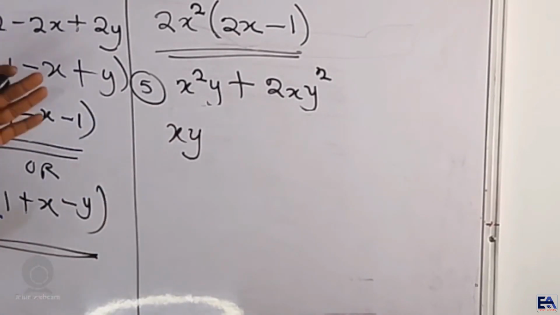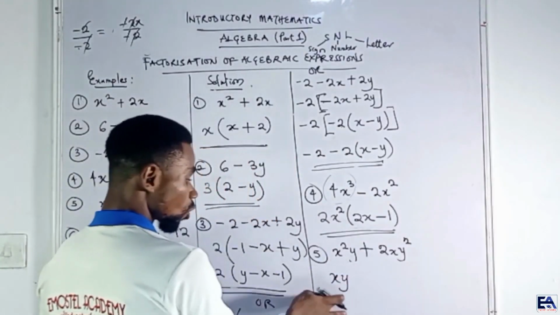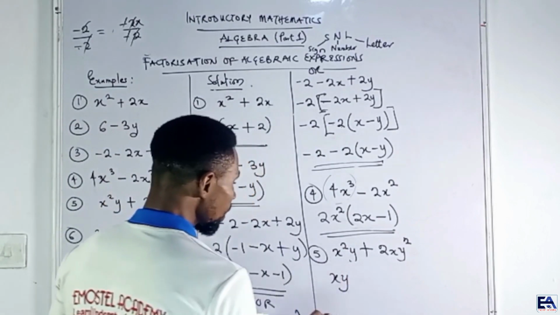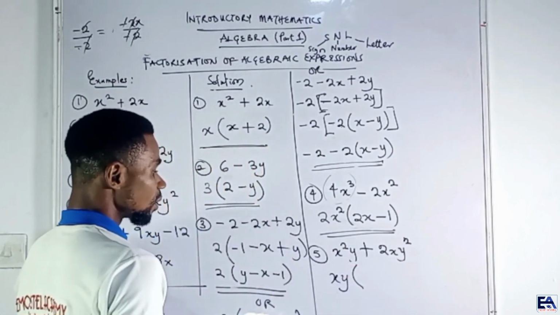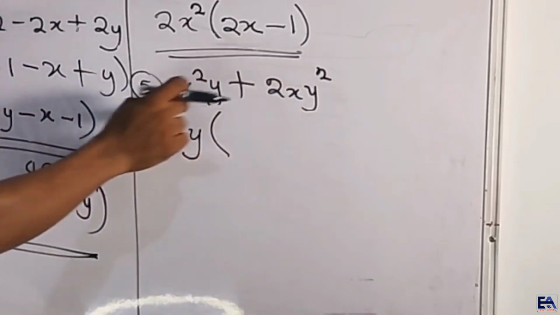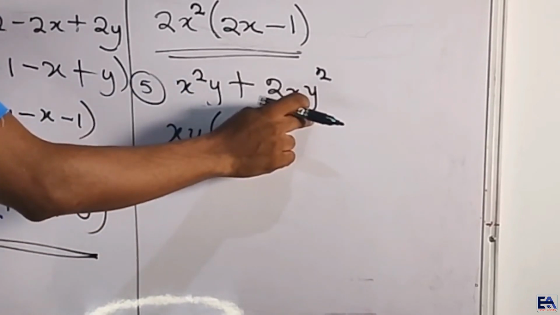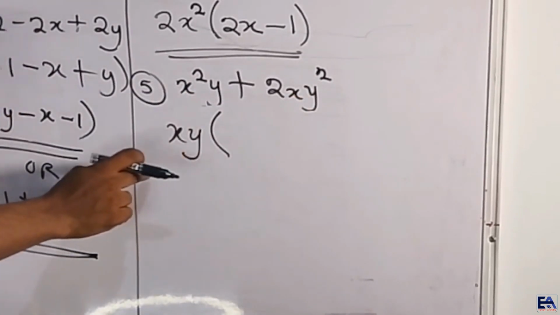I'm going to teach you another method of getting the common factors. So we have xy, open the brackets. Now, in terms of letters, x can go here, x can go here without remainder. Y can divide here, y can divide something here too without remainder. So we bring the two of them out as xy.